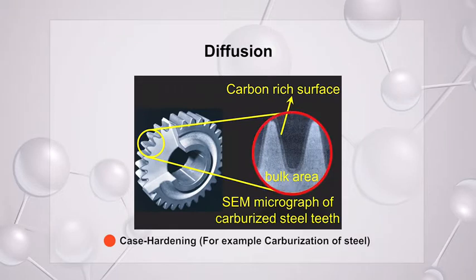As we can see in the micrograph obtained by using a scanning electron microscope, the surface of the steel component, which is carbon rich, has different contrast than the bulk. You must also note that sometimes nitrogen is used to strengthen the surface of the steel, but this is a very uncommon practice as compared with carbon.